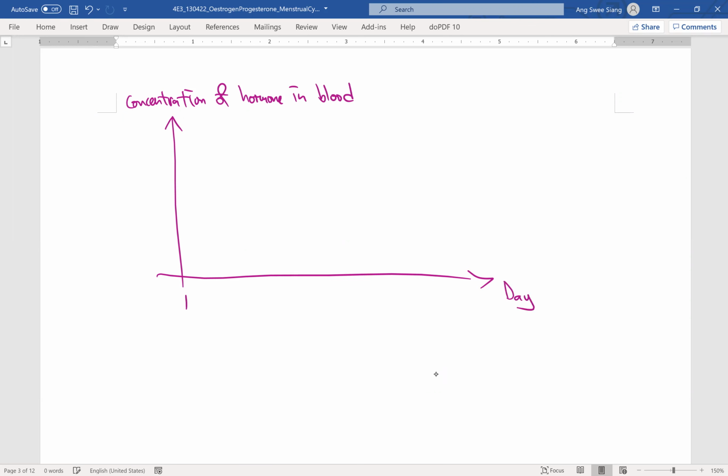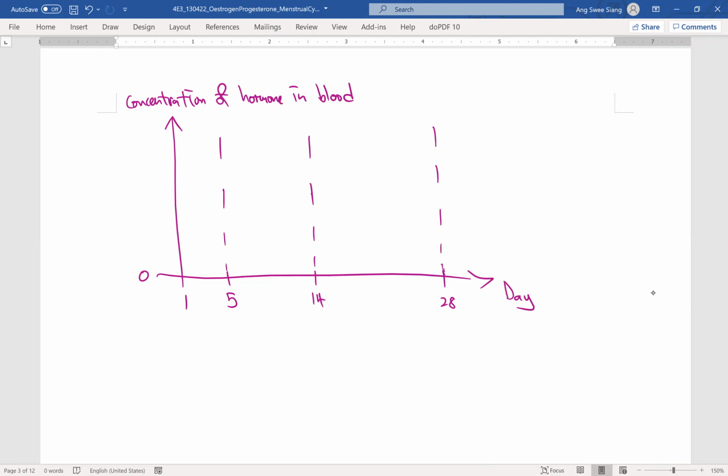Likewise, I start with 1 here, 0 here, then 28, 14, and 5. By drawing all these individual and intermediate days, it makes it easier for you to sketch.